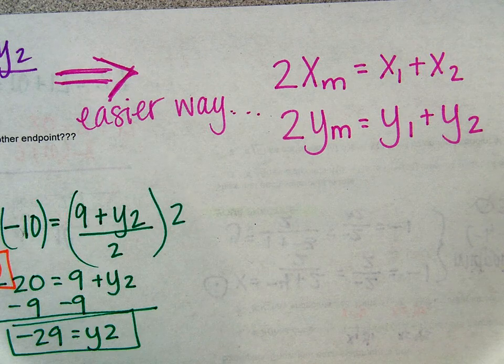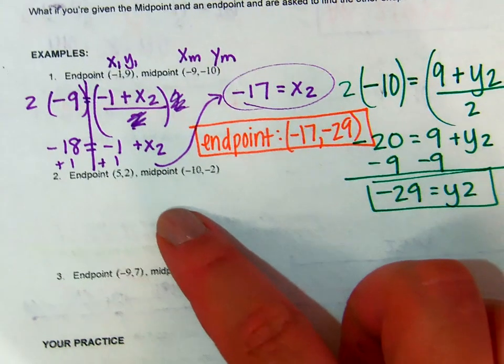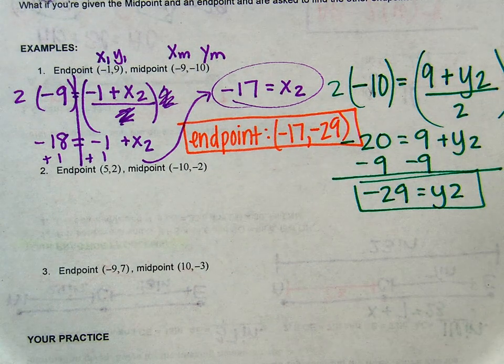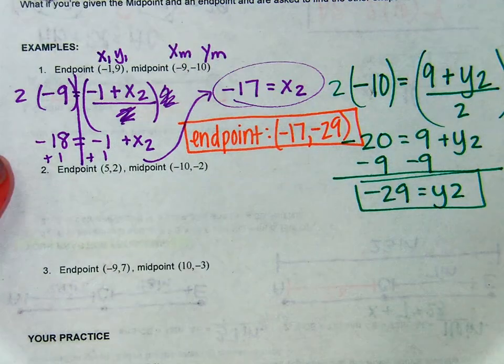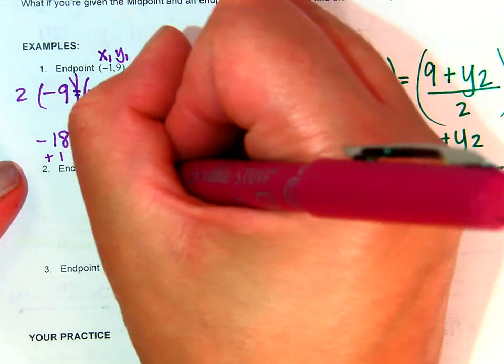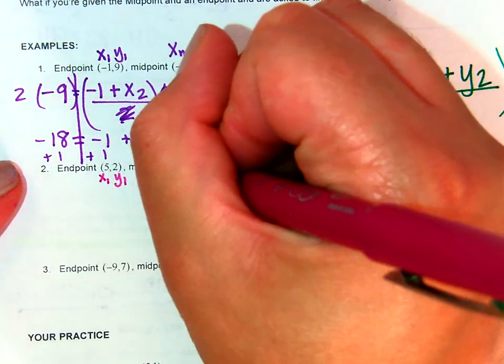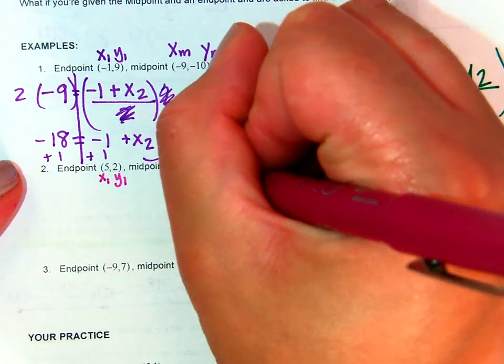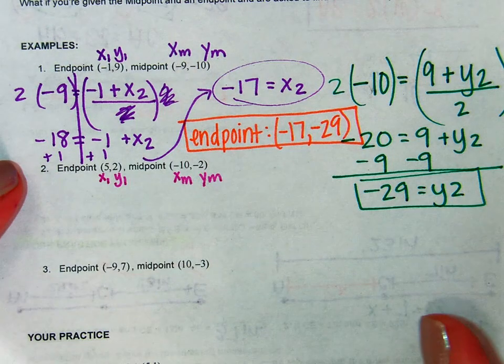Okay? Well, let's go ahead and look at number 2. Now remember, because it's a video, y'all can pause it, go back and rewrite things and solve things out. First thing I'm going to do is label my stuff. I have an x1, y1, and then an xm and a ym. Okay?